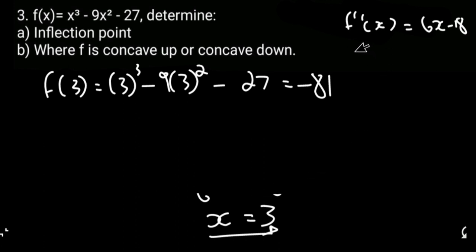So the coordinates of the inflection point are 3 paired with negative 81.